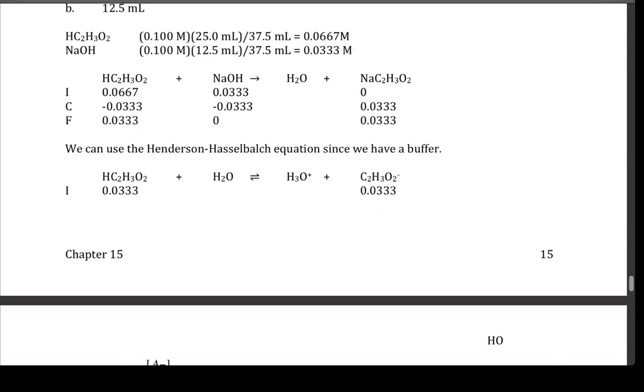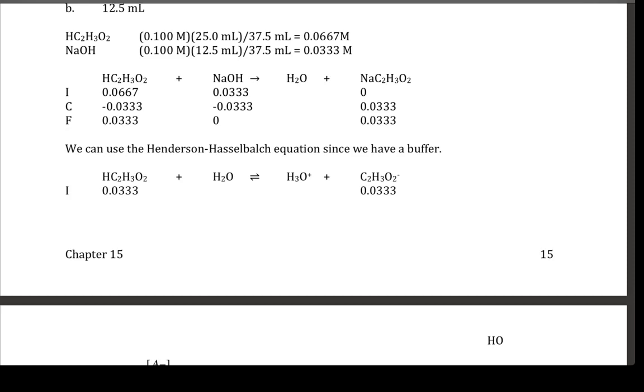Next, we do the calculation at the addition of 12.5 mLs of the added NaOH. Alrighty, so we have diluted each one, so we have to figure out the initial concentrations. For the HC2H3O2, we get 0.0667 molar.